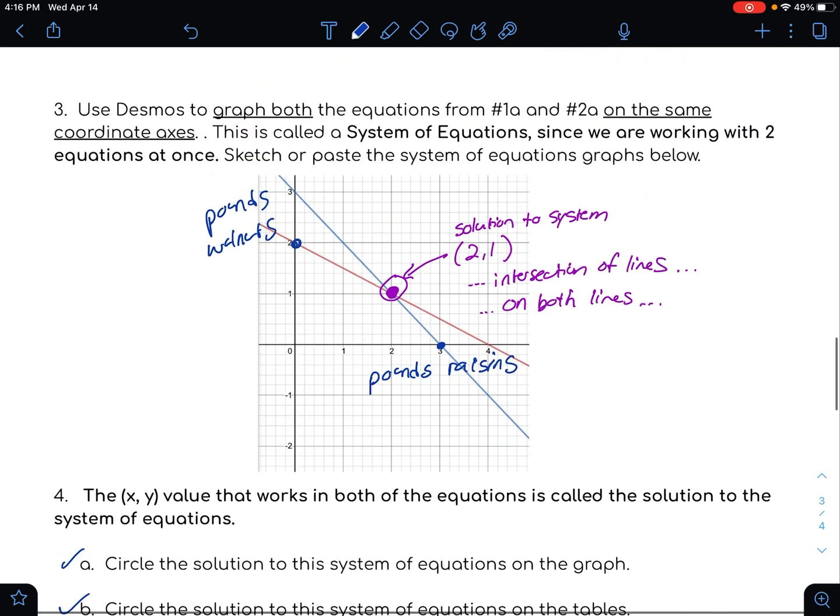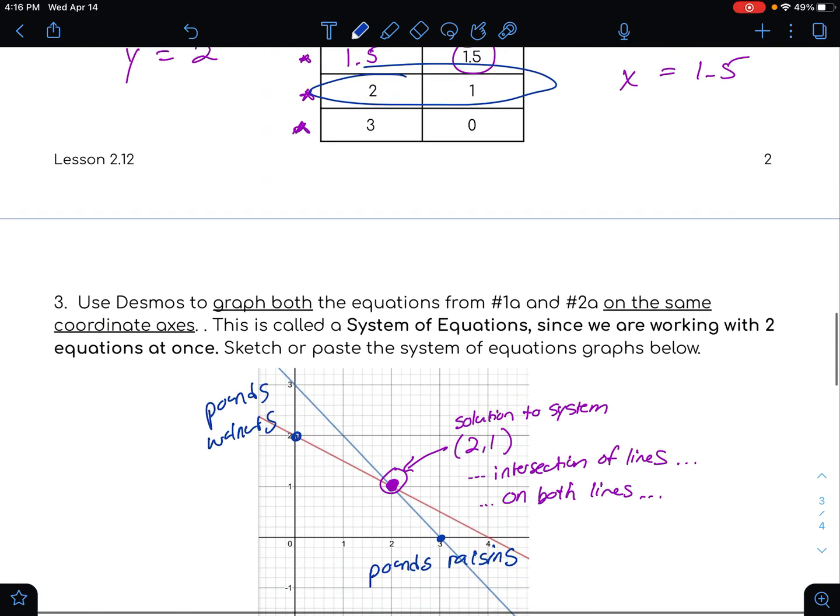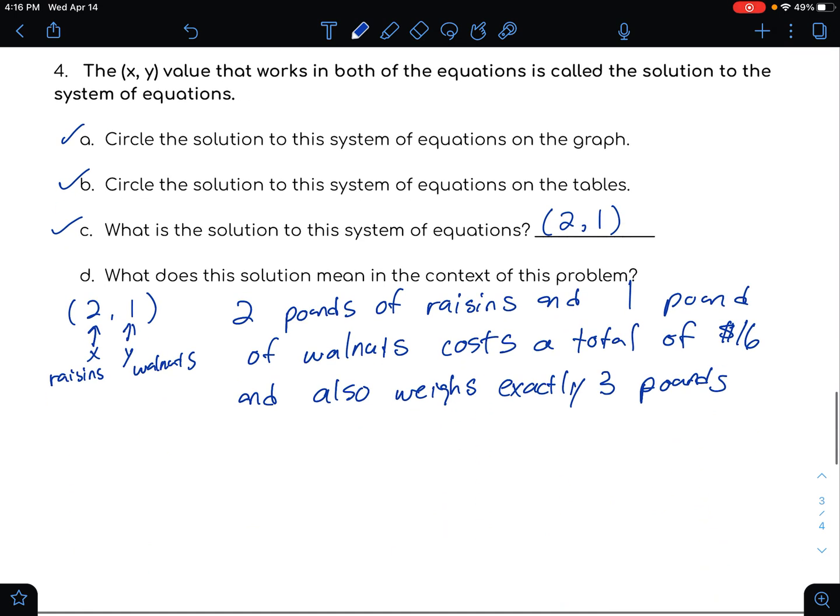Where did I get that 3 pounds? Recall our other equation was that the total pounds had to add up to 3, so everything in that second equation that worked had to add up to 3 pounds. So this was the combination that both produced the amount of money that we needed, $16 being spent, and also produced the amount of pounds that was required, which was 3 pounds. So that would be the meaning. 2 pounds of raisins and 1 pound of walnuts would be the combination that worked.